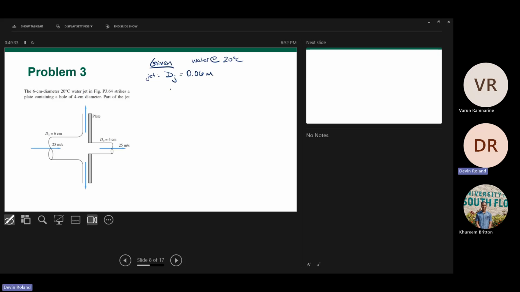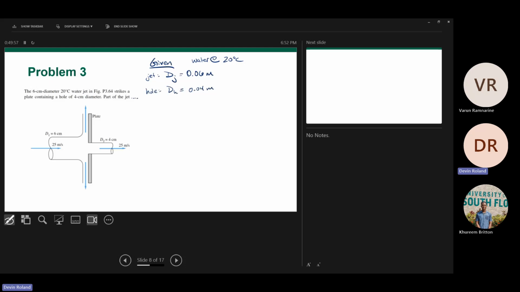And then we know that the diameter of the hole, I'll say subscript H, is 4 centimeters. For some reason the problem statement didn't make it on this problem, so I'm just going to tell you verbally and write down what the rest of the statement is.